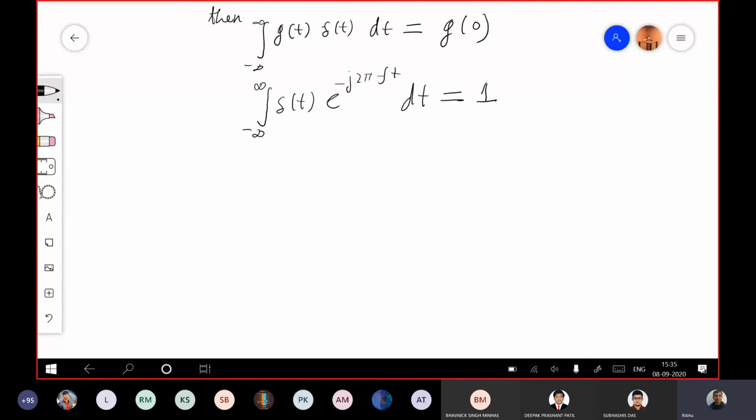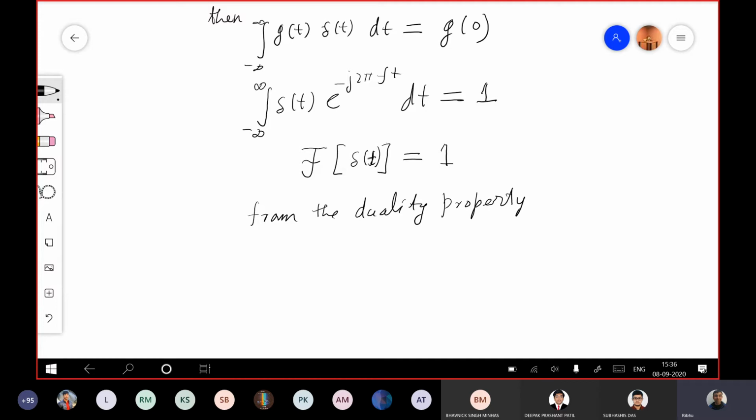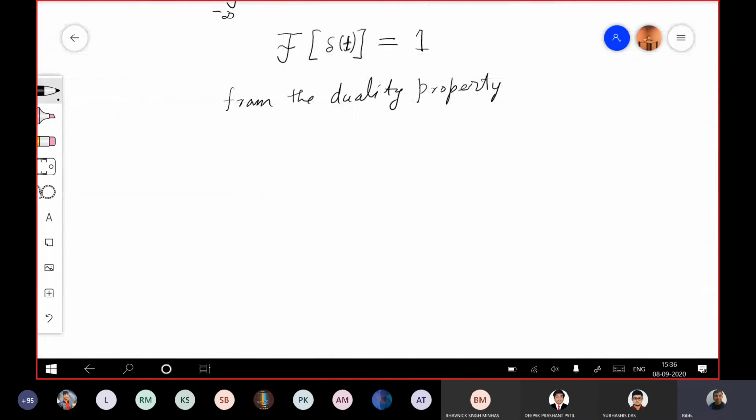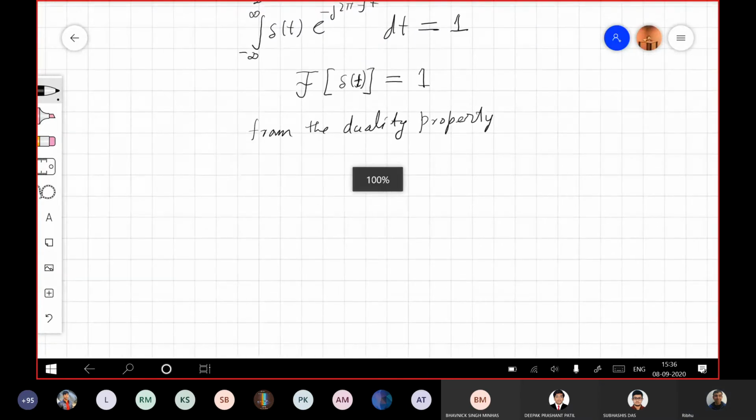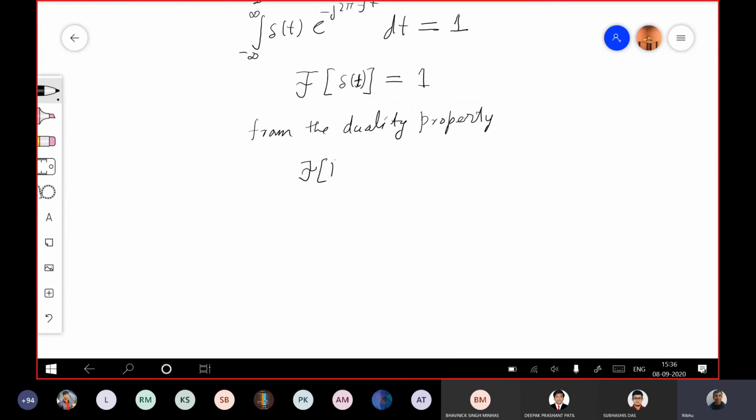So now I have the Fourier transform of delta t is 1, and from the duality property of the Fourier transform, fine.